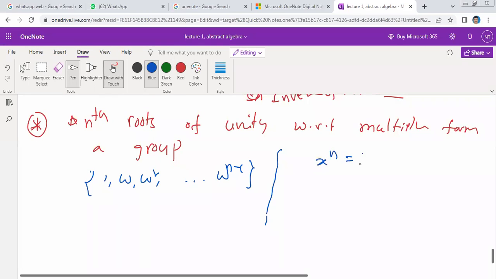Suppose x to the power of n is equal to 1, x is equal to 1 to the power of 1 by n. 1 is cos 0 plus I sin 0. కాంప్లెక్స్ అసలు నేర్చుకుంటాం. cos 0 plus I sin 0 whole to the power of 1 by n. Am I right?